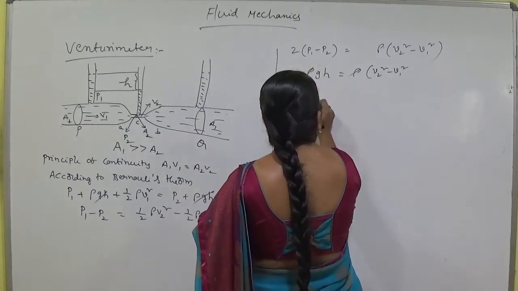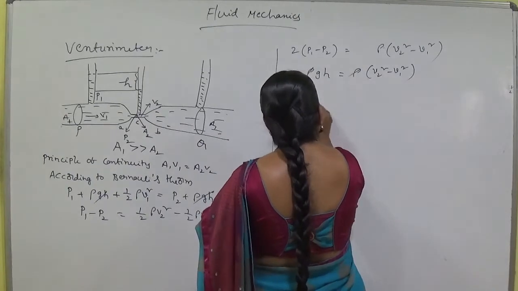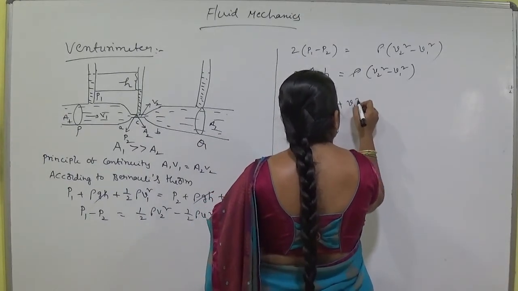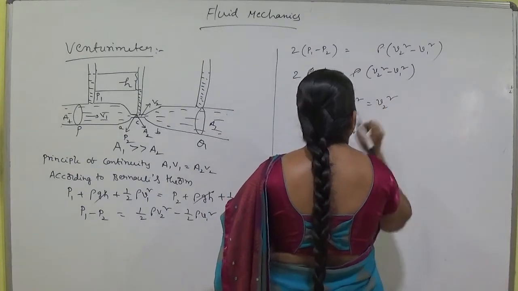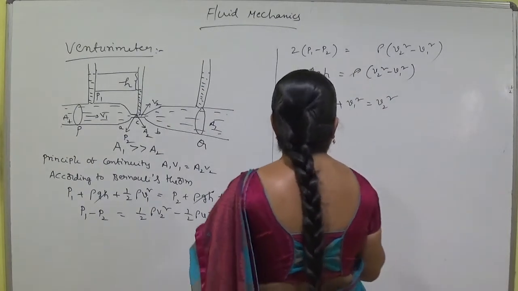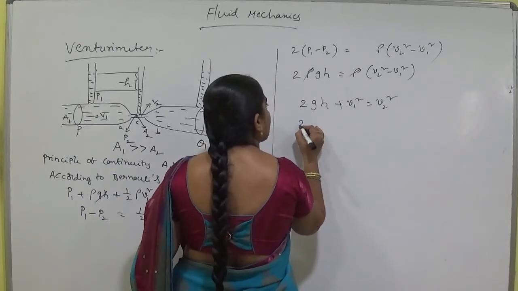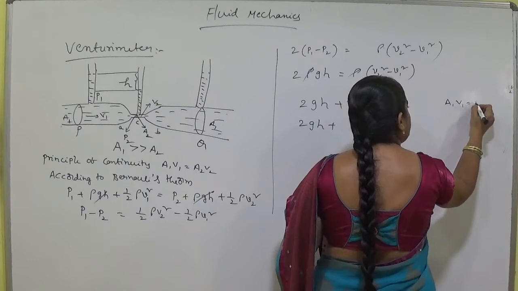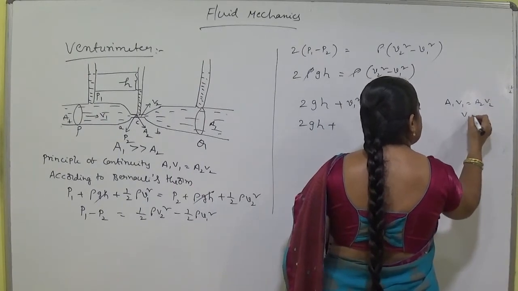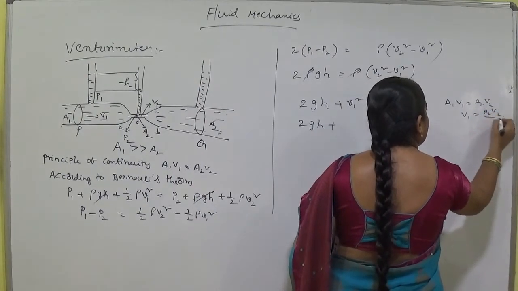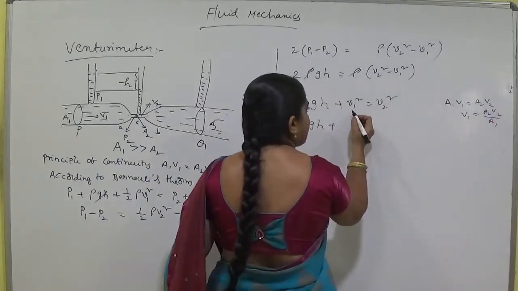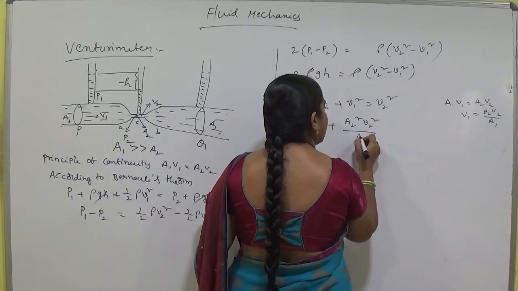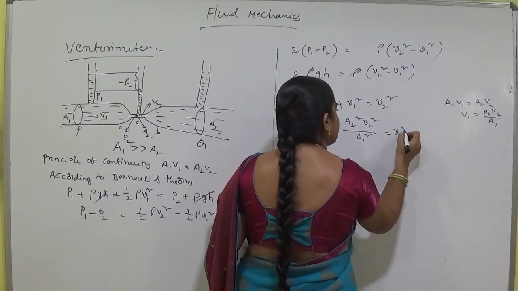Rho cancels. 2GH plus V1 square is equal to V2 square. From A1 V1 is equal to A2 V2, V1 is equal to A2 V2 by A1, so V1 square is A2 square V2 square by A1 square.